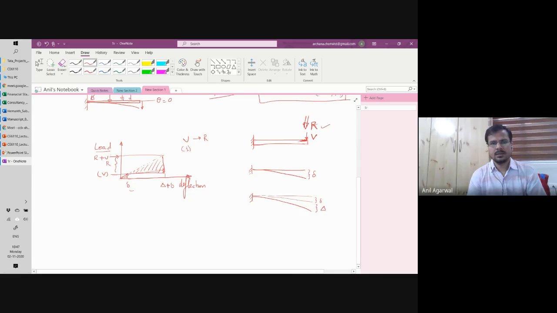You can see this rectangle, this thin strip of rectangle that I'm hashing right now. What is that? Let me use a different color. What does that area represent?